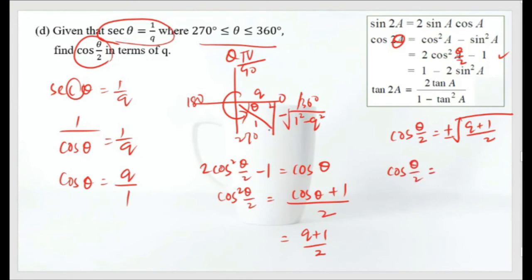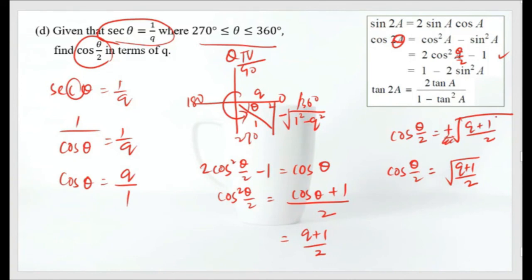The cos here is positive or negative? All students take calculus. The cos here will be positive, so we don't have negative. The answer is positive square root of q plus 1 over 2. So you have to know that. We don't have negative. The answer is positive only.